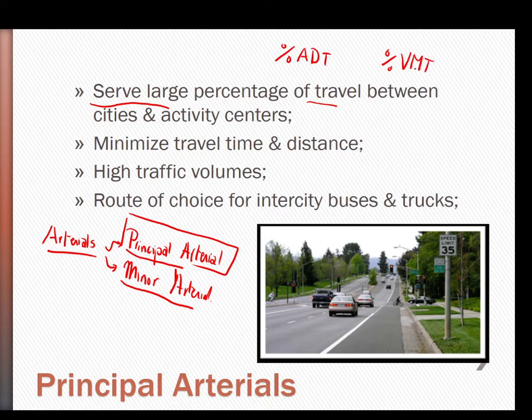What's VMT? Vehicle miles traveled. The more traffic you have, the more ADT you have, of course, and then the more VMT. But usually it's between cities and activity centers, and that's why freeways, expressways, and interstates are all what we call here principal arterials. In this one, you have the highest mobility.